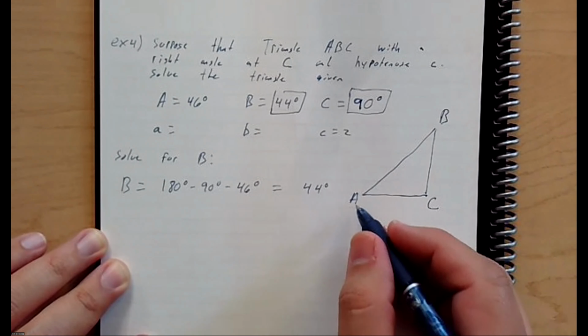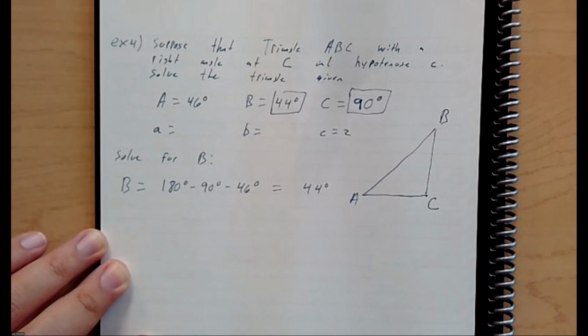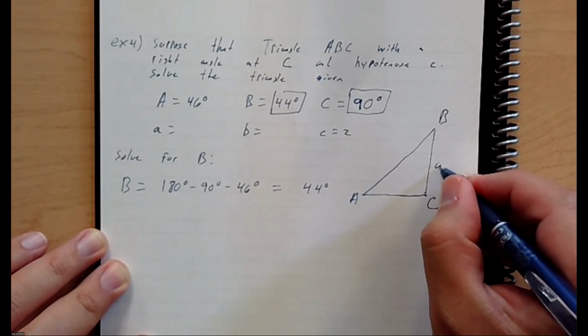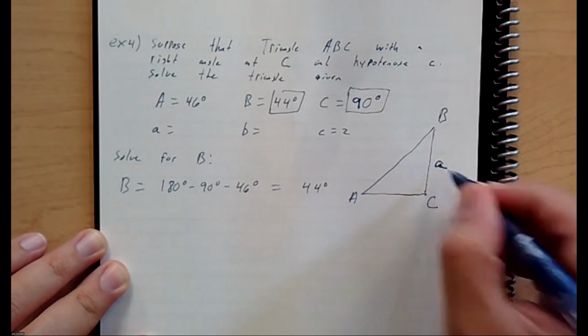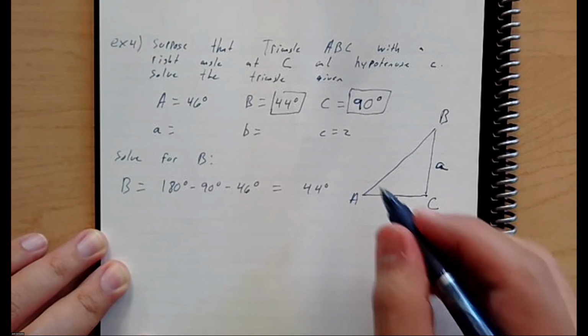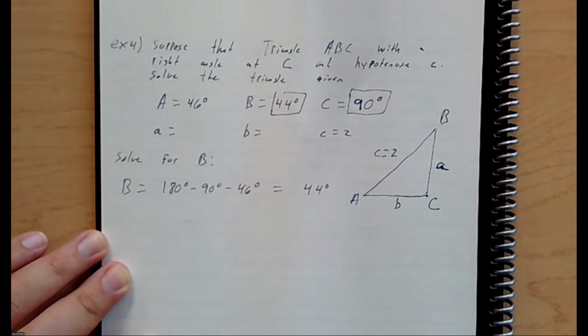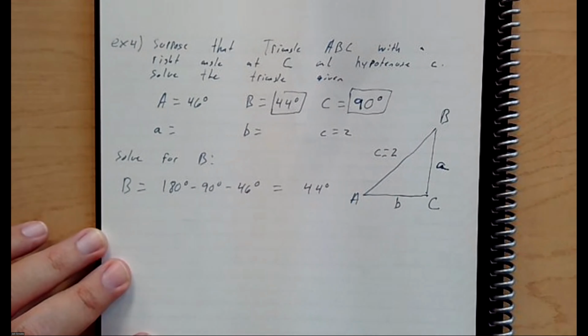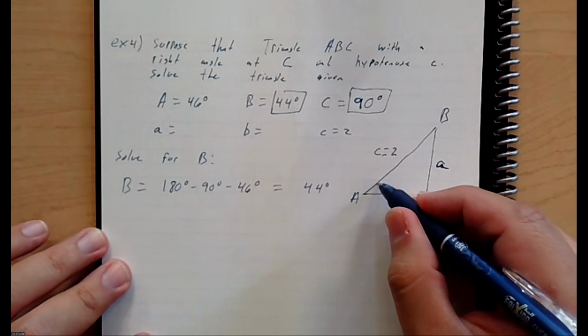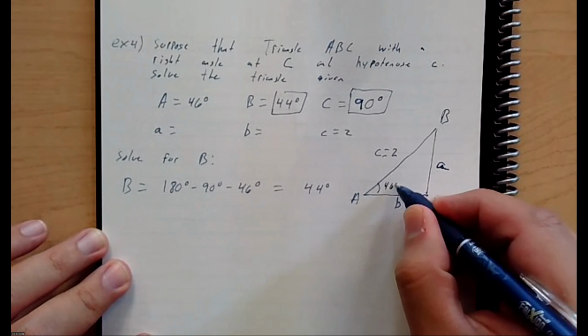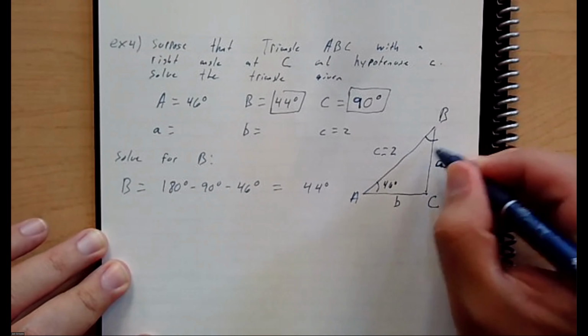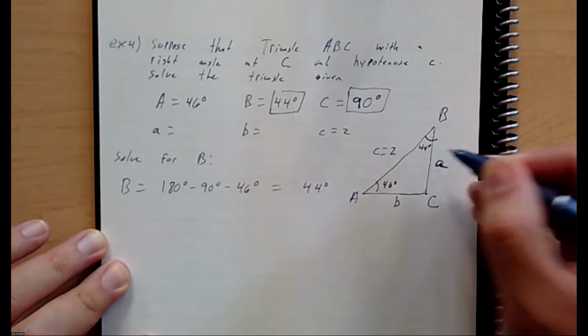The convention is to put the lowercase opposite to the capital. So lowercase a is over here. Lowercase b is there. Hypotenuse, we said, was given as 2. Capital A is 46. Capital B, we found it to be 44.